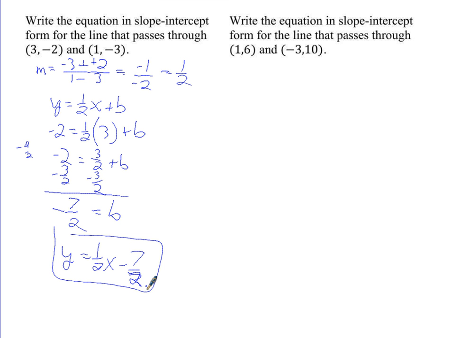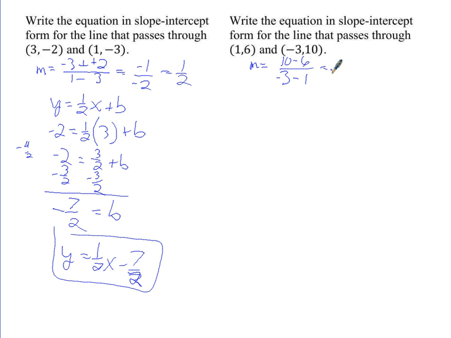All right, the second one here, let's talk our way through that one. What do we do first? M equals 10 minus 6 over negative 3 minus 1. Okay, simplify that down.